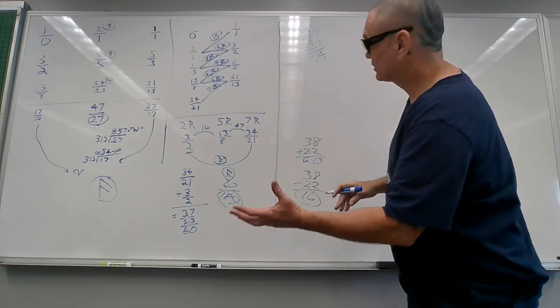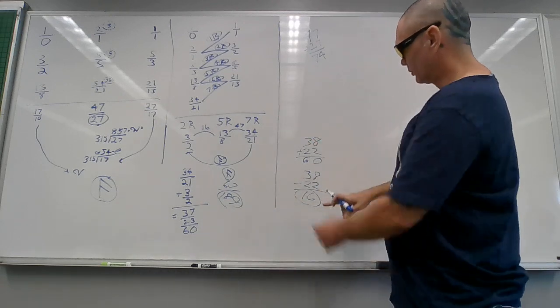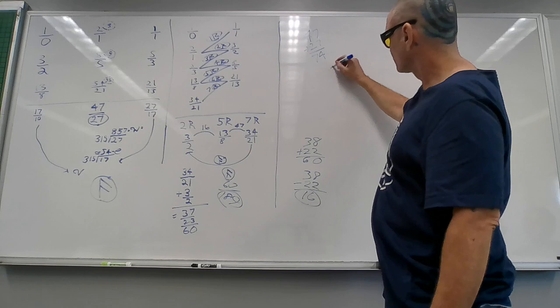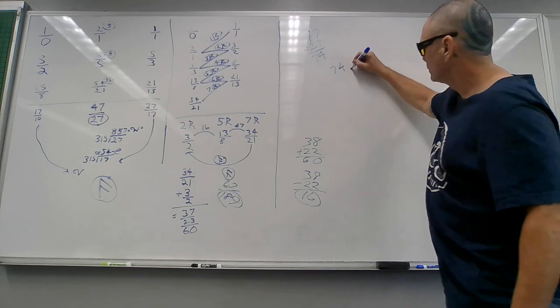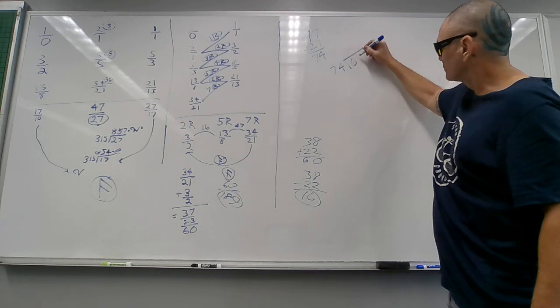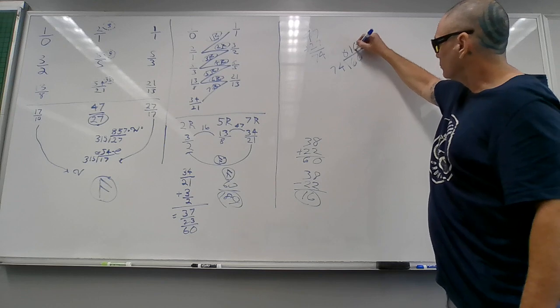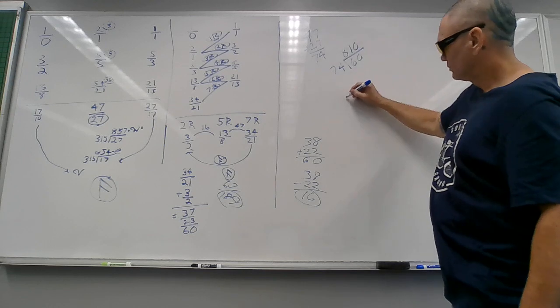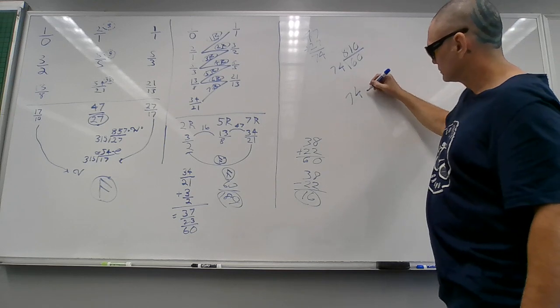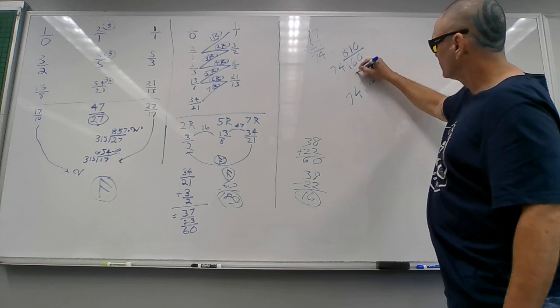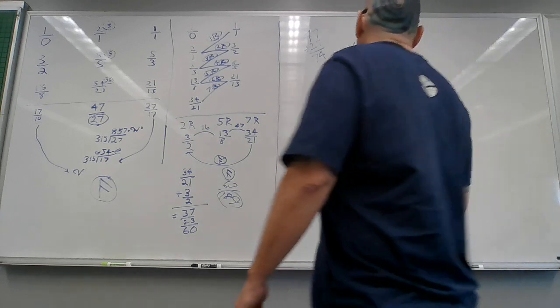So let's take that value and go on into these values. You got 74 and a 60, 810. Okay, you got the 74, 16, 216.